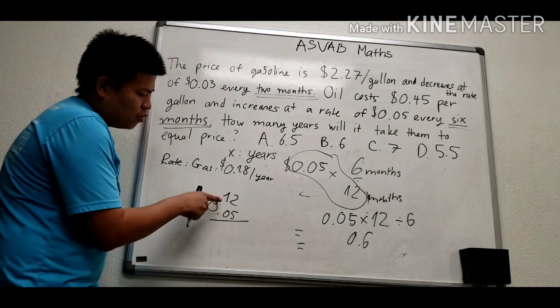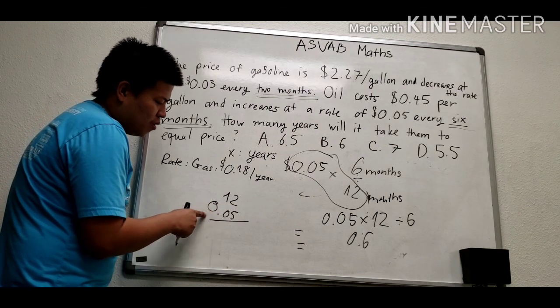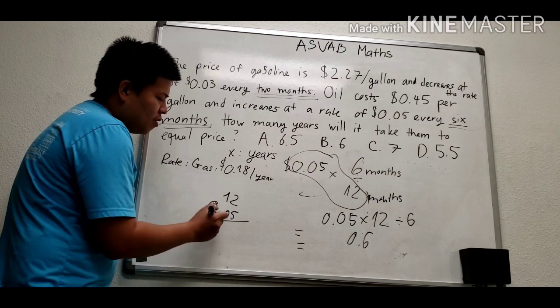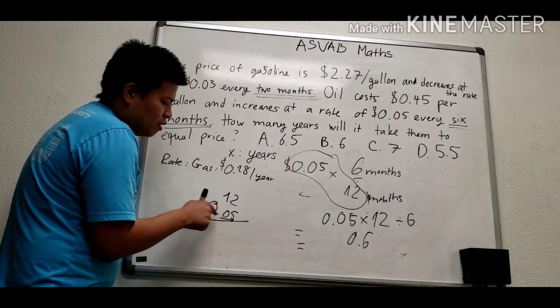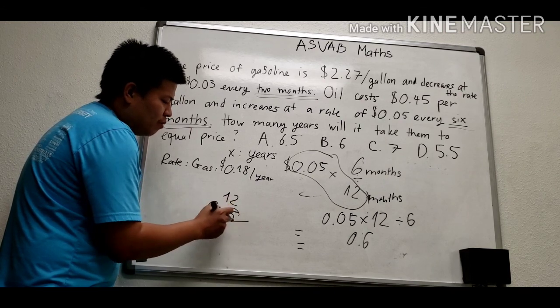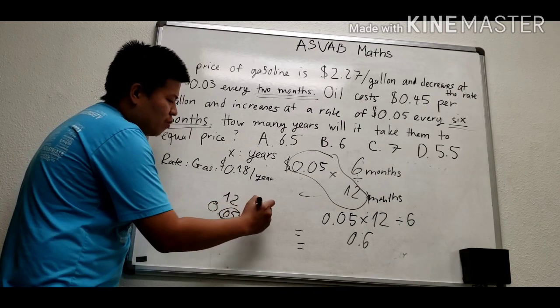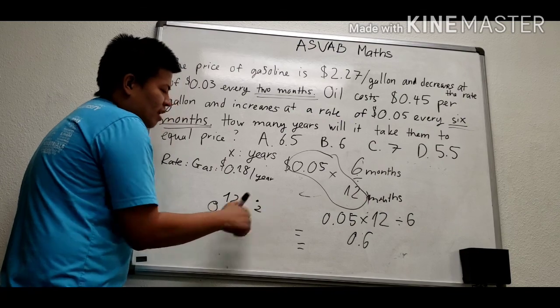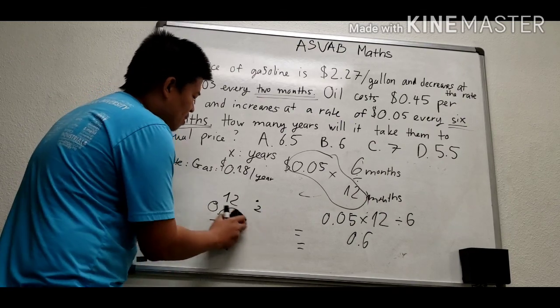So we have 12 multiplied with 0.05. We see that there is the decimal in here, and we have 2 numbers. We put the decimal 2 places outside, so we can convert in here.